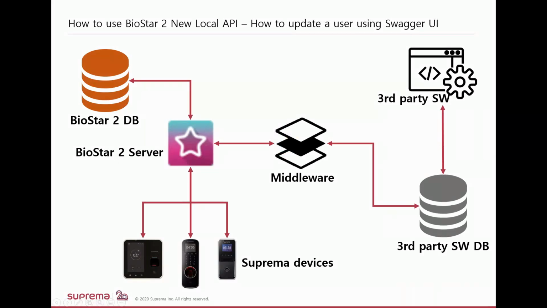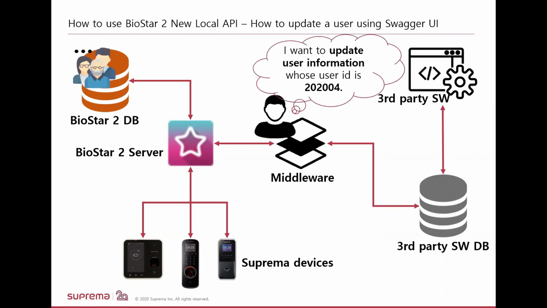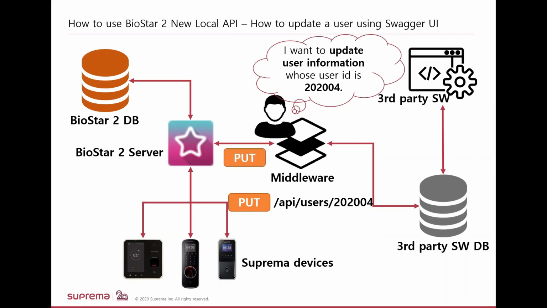In addition, when modifying the user information stored in BioStar 2 by modifying the user information in third-party software, if you use the API put/API/user/202004, as a response of using the API, you can find the updated information.